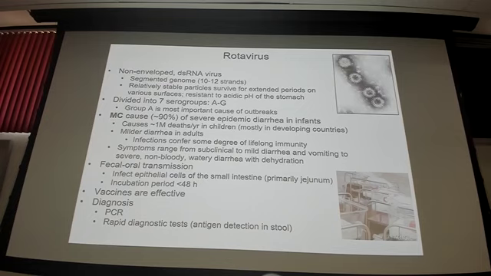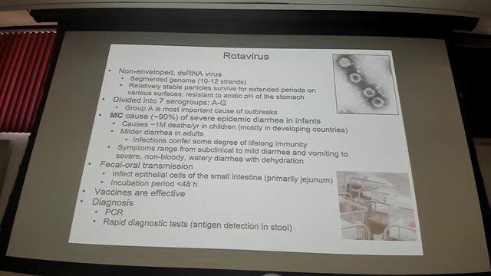In terms of transmission, fecal-oral transmission is the primary route. So we're talking about mostly contaminated water, oftentimes, or feces from somebody who's carrying rotavirus. It's a very short incubation period, less than 48 hours. For diagnosis, we can do PCRs. This is one of those targets on a multiplex PCR panel, like the BioFire GI panel, for example.